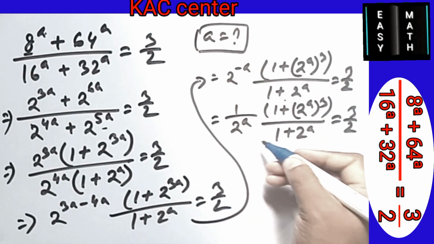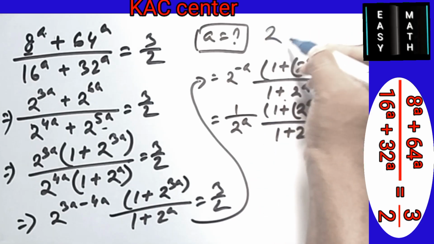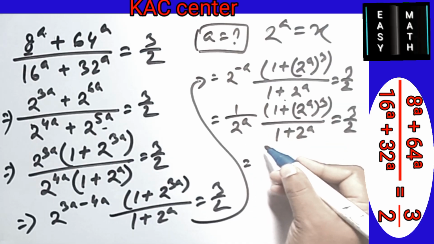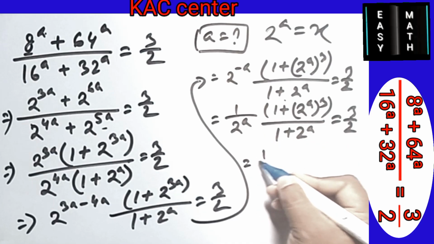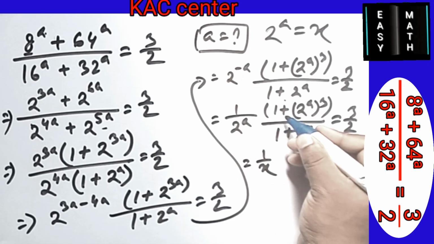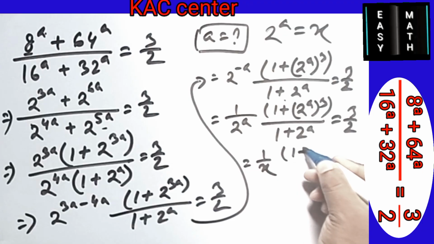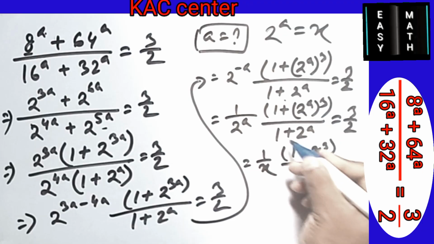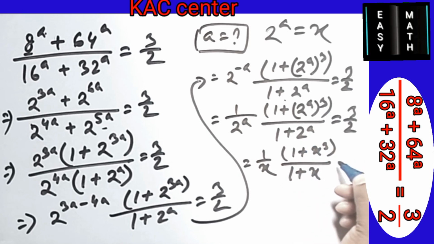Now we take 2 to the power a equal to x, so there is 1 by x, and 1 plus x cubed, and 1 plus x is 3 by 2.